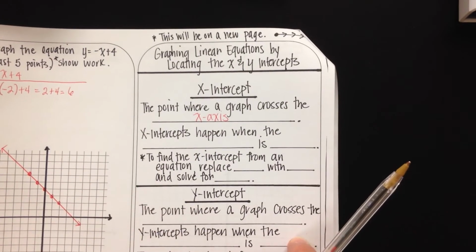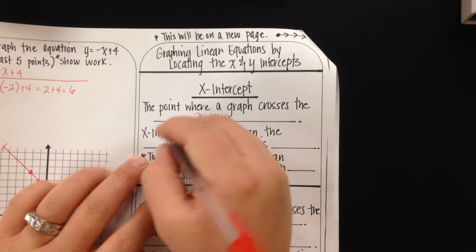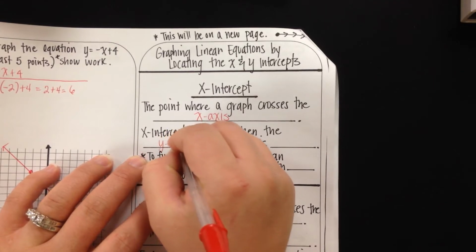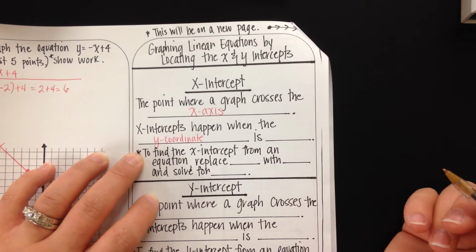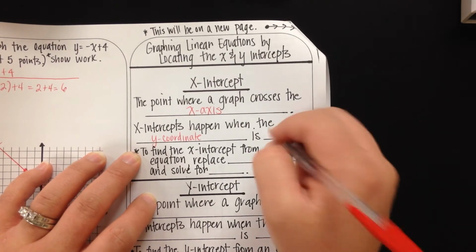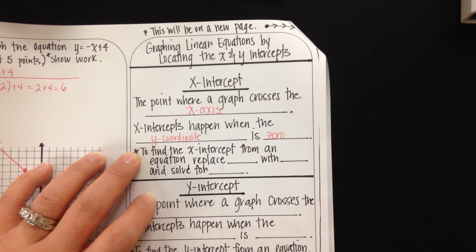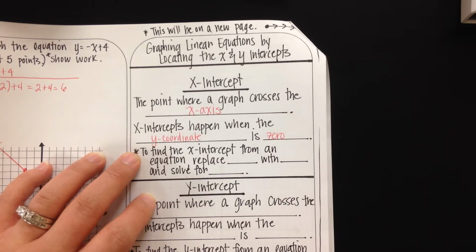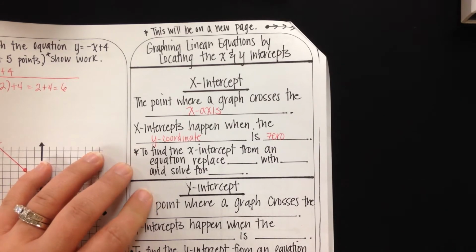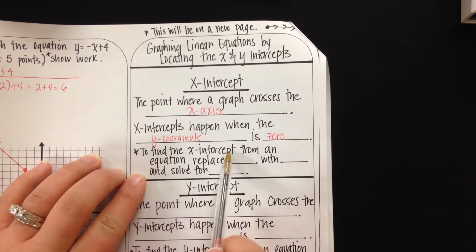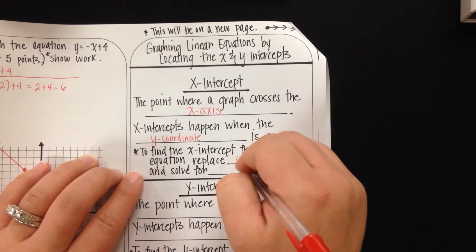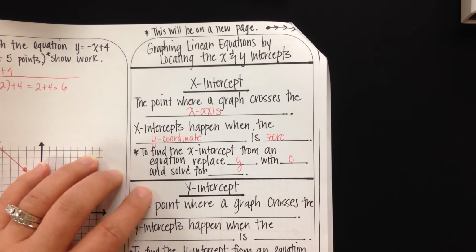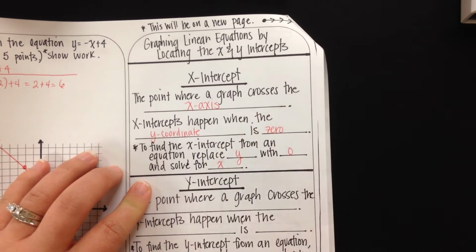X-intercepts happen when the y-coordinate, or you can think of the y value in your coordinate, is 0. Okay, so in order to cross that x-axis, y has to be 0. So to find the x-intercept from an equation, replace y with 0 and solve for x.